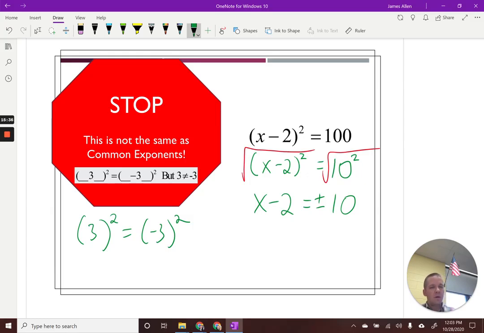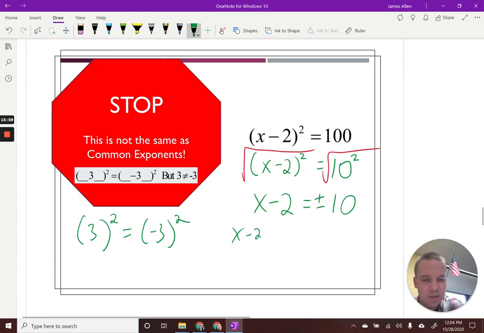We didn't necessarily have to write this. You could have just taken the square root of 100 and get 10. But we do have to have the plus or minus 10, because if this number in here is 10, once we do x minus 2 is 10, squared is going to give me 100. And if I get this quantity to be negative 10, squaring it will also, raising to the power of 2, will also give me a positive 100.